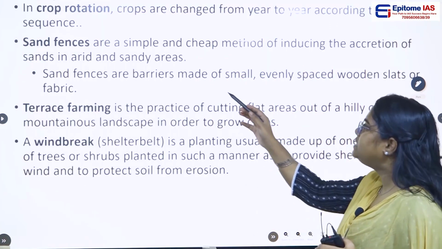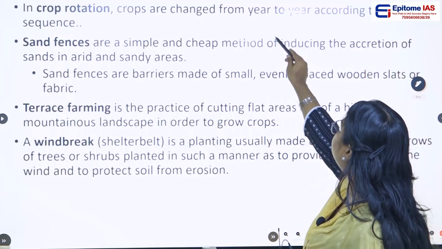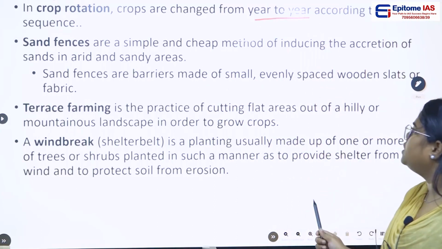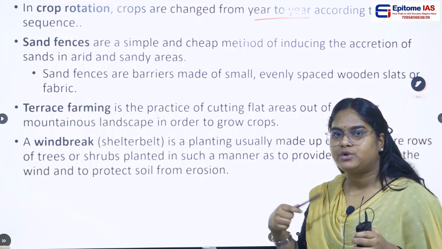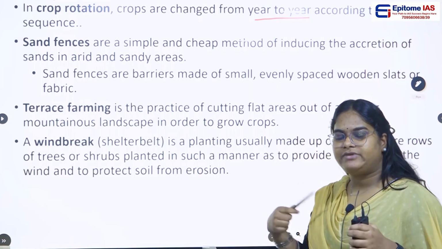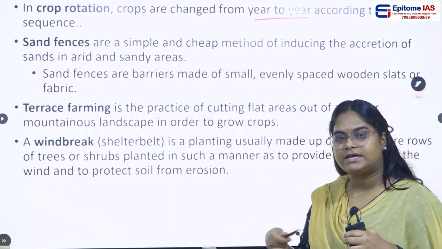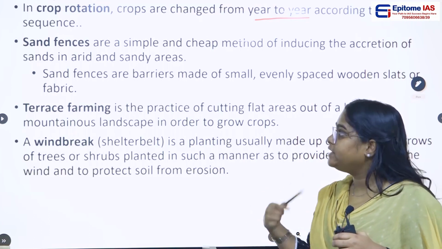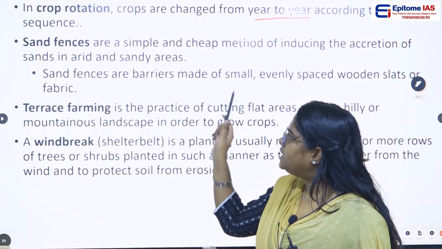So if you see here, in crop rotation, crops are changed from year to year according to a planned sequence. Different crops are cultivated at different times. They are not using the same crop. They are not cultivating rice again and again. They are changing the types of crops cultivated in a particular land.